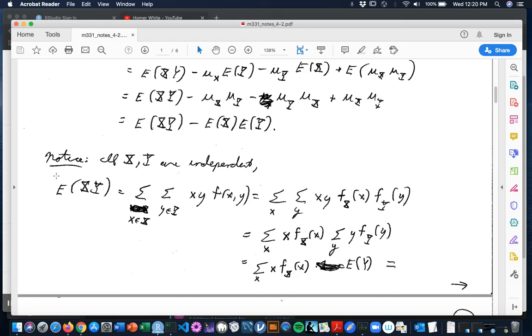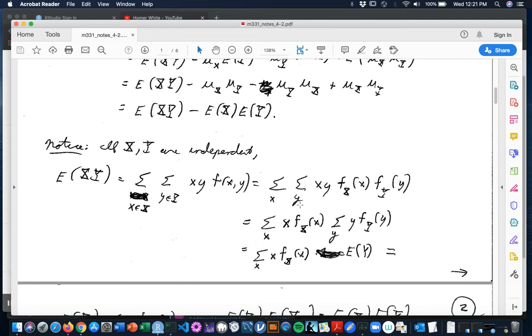And the way we can check that is, let's look at the expected value of the product, which shows up in the shortcut formula for covariance. So it's the sum over the x's and y's in the sample space of possible values of the product times the chance that X and Y attain those exact values.